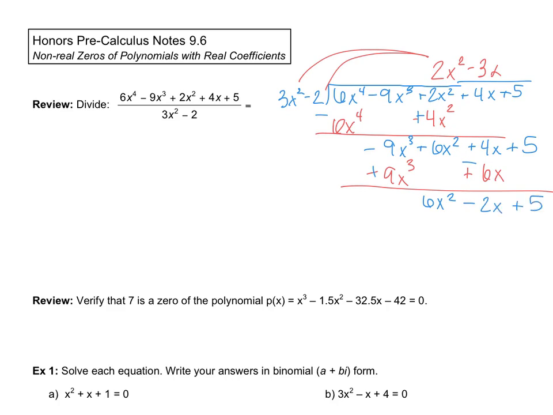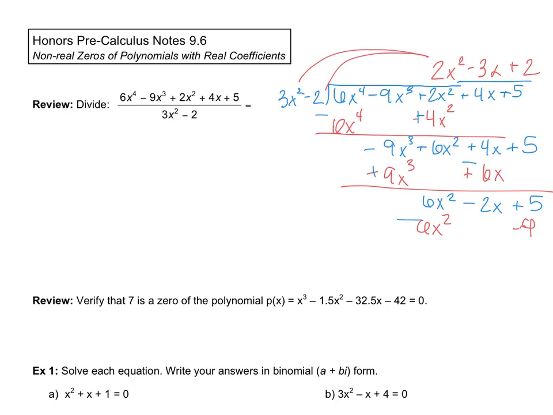And we are not done yet, because if you remember, we need to continue until the degree of this, which will be our remainder eventually, is less than the degree of our divisor. And it is not. It's the same, so we need to do it one more time. So what do I multiply 3x squared by to get 6x squared? That's 2. Take 2, multiply it by both terms, 3x squared to get 6x squared. Multiply by negative 2 to get negative 4.